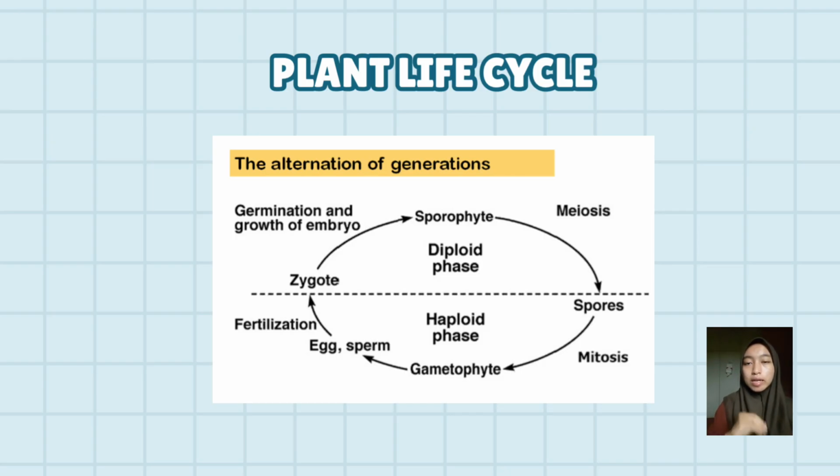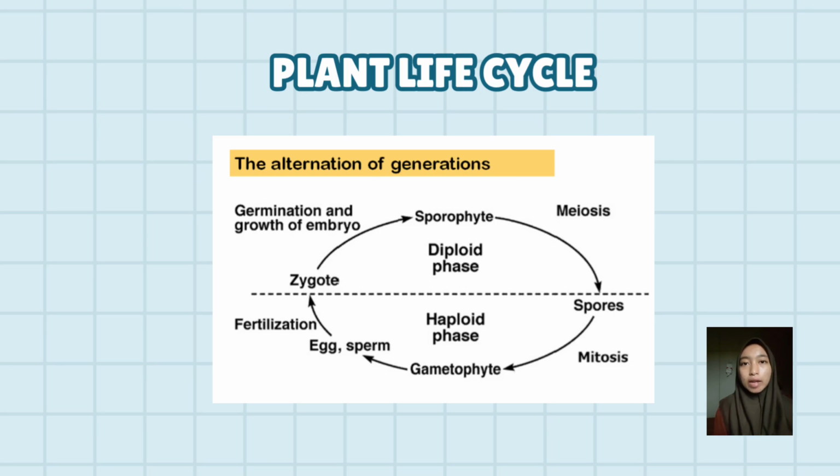The spores grow by mitosis to form the gametophyte, and the gametophyte produces gametes, which are the egg and sperm cells. During fertilization, the egg and sperm fuse together to form a zygote.